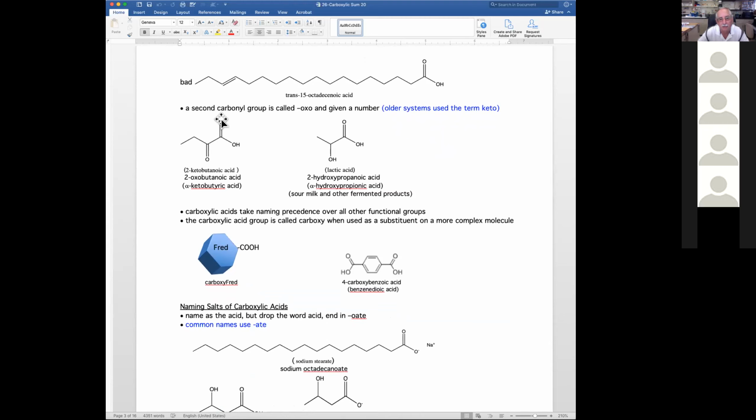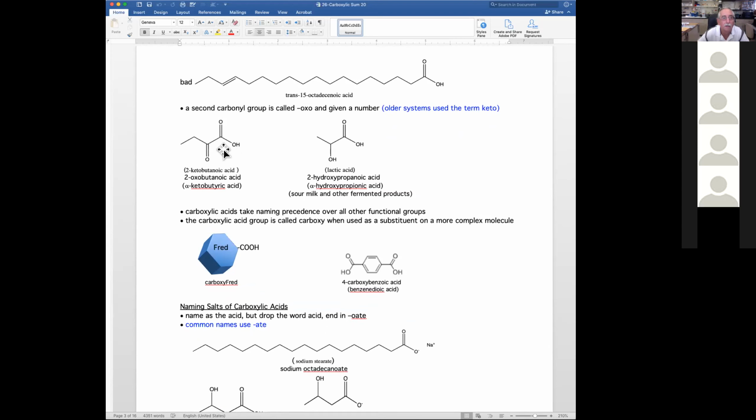So when we have a second carbonyl group, we usually use oxo. The older systems used keto. So here we have 1, 2, 3, 4 in a row. It's a carboxylic acid, so butanoic acid. And the substituent on number 2 is an oxo group.